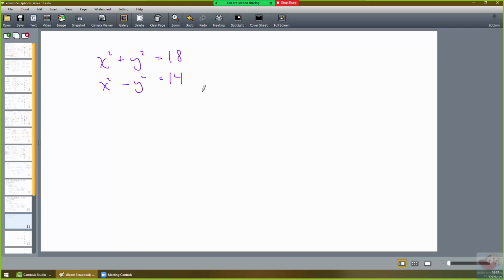What's the first equation, by the way? If you were to graph it, what would it look like? Rhymes with circle.